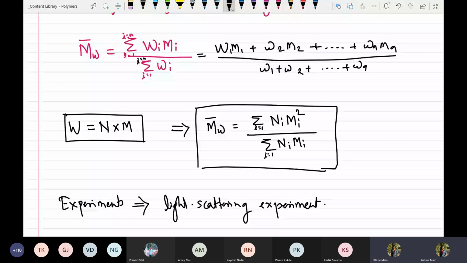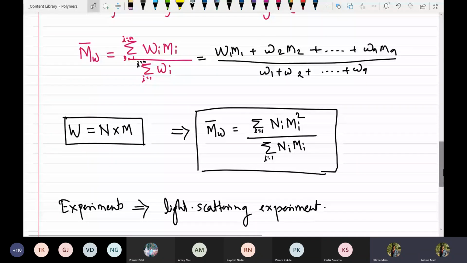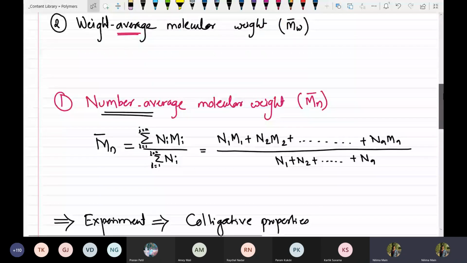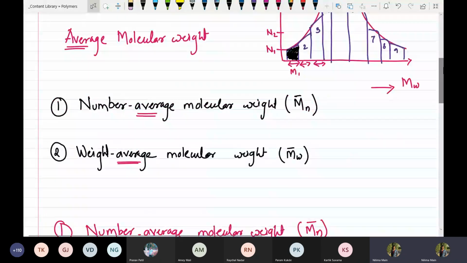So the agenda over here is, in your exam, basically they will only, I think, ask you the numerical problems, correct? But number average kya hai, weight average kya hai, why polymers basically have average molecular weight, that you should understand, correct? And I think now you will be able to answer those questions, because polymer is a macromolecule.